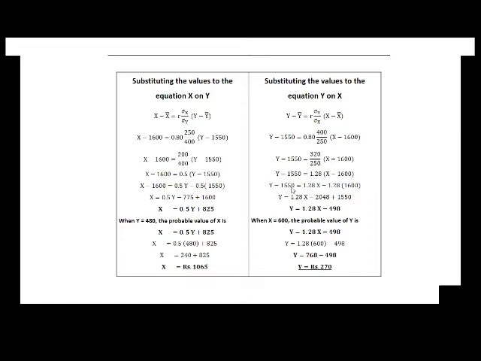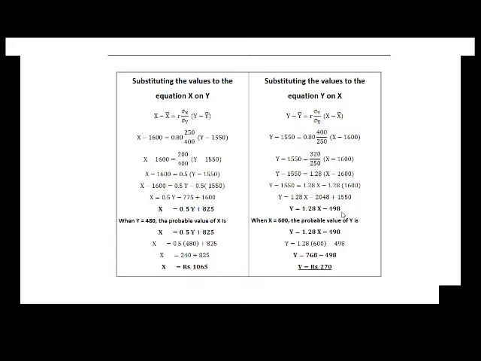Y minus 1550 is equal to 1.28 x minus 1.28 into 1600. Y is equal to 1.28 x minus 2048 plus 1550. The final regression equation y on x is y is equal to 1.28 x minus 498.